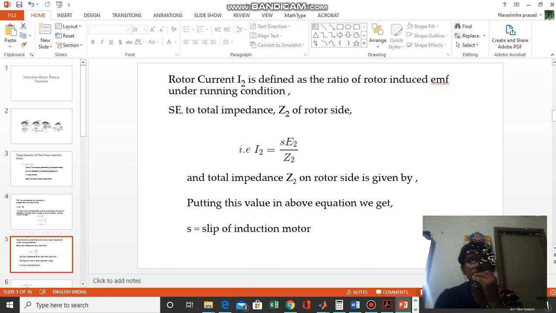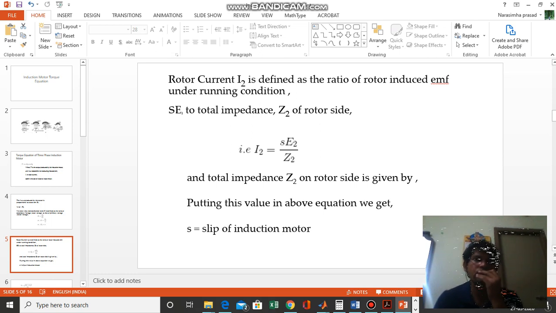So here also the stator magnetic field, that is the rotating magnetic field, rotates at a speed of Ns, that is synchronous speed, and the rotor is also rotating at a speed of Nr, that is rotor speed, but the rotor speed at the time of starting is 0. So slip s means (Ns minus Nr) by Ns, so (Ns minus 0) by Ns gives 1.